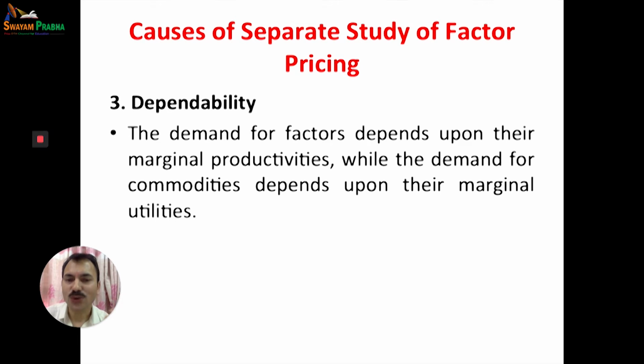The quality in a product which satisfies our wants, the value in use of the product, is the demand for commodities. Whereas the demand for a factor depends upon its marginal productivity, how much it produces, how much it contributes in the production.